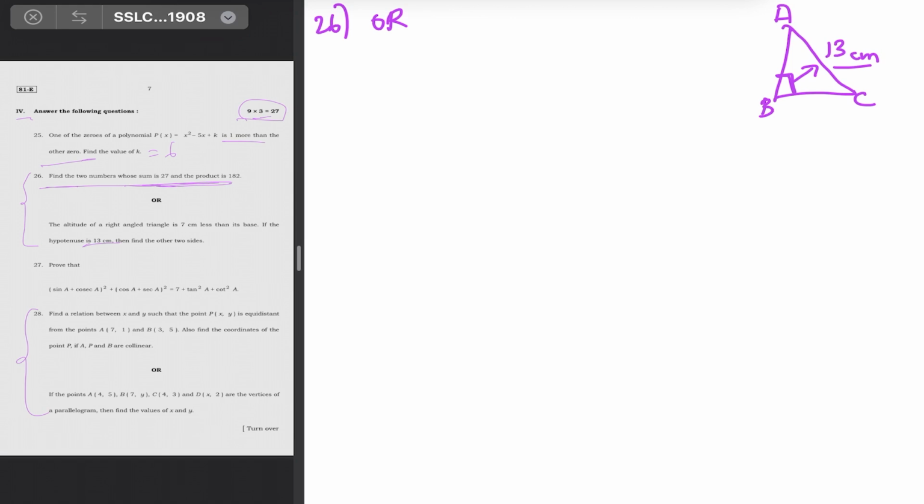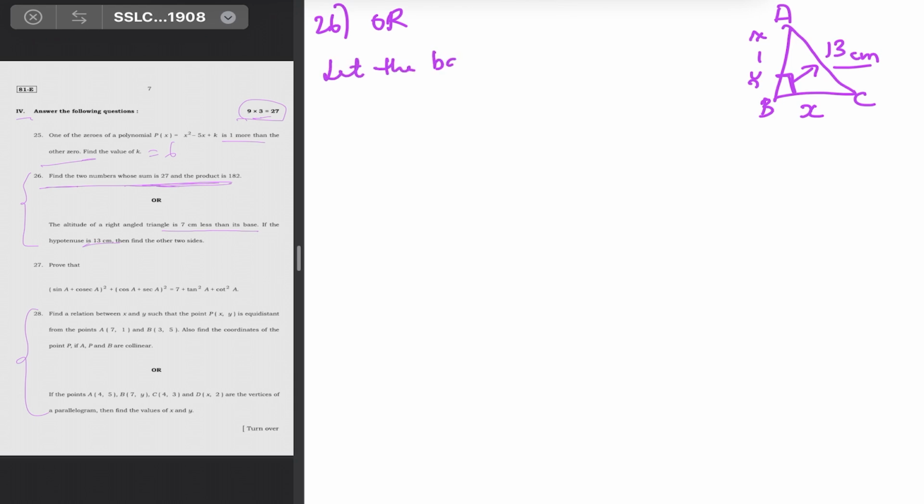And there is also one more relation given, that the altitude of the right angle triangle is 7 centimeter less than its base. So if BC is the base, we take it as x, and the altitude AB will be 7 centimeter less than its base, that is x minus 7.